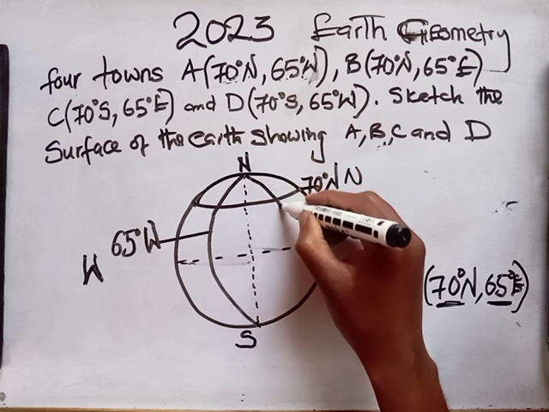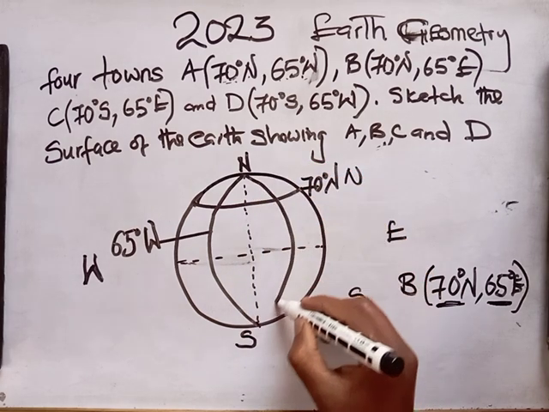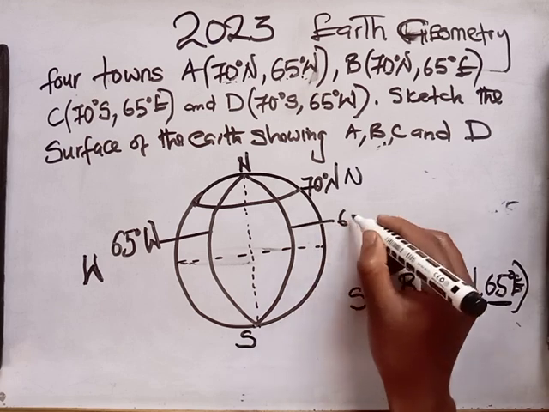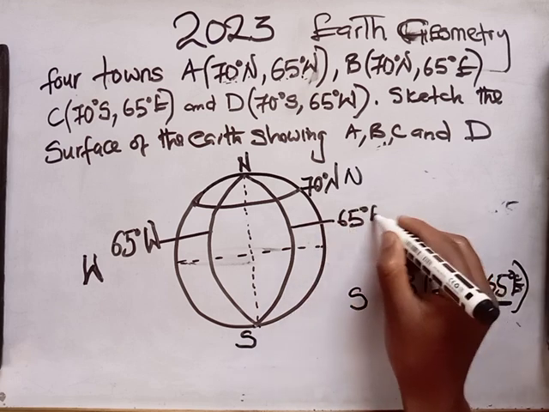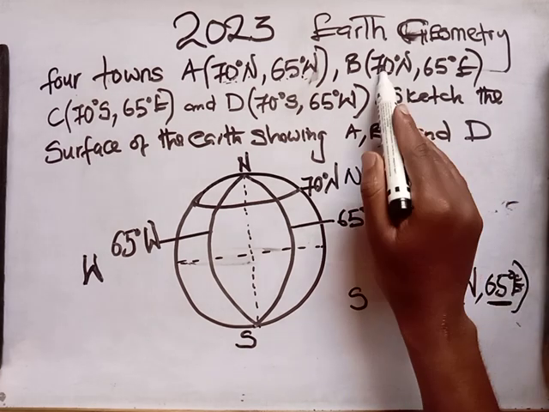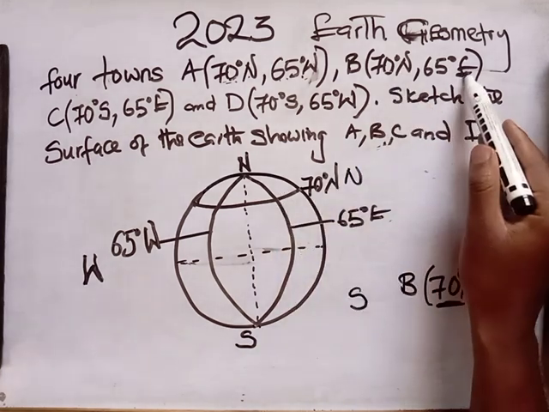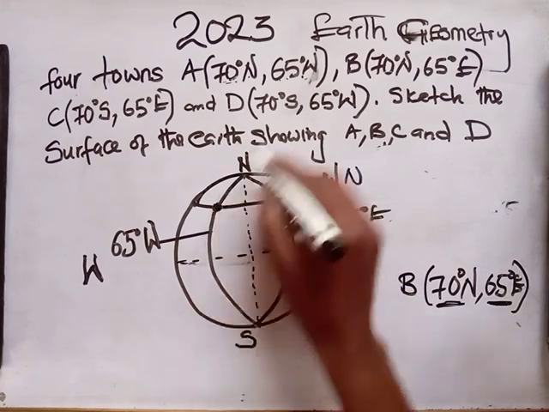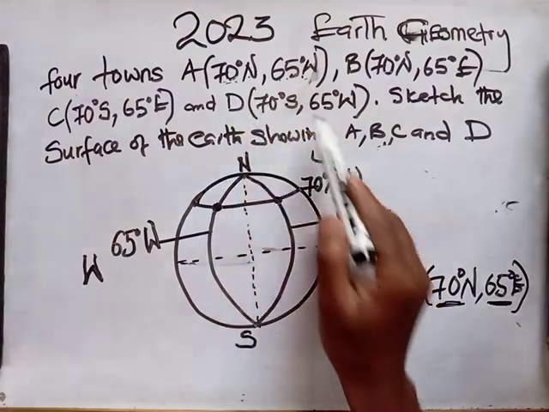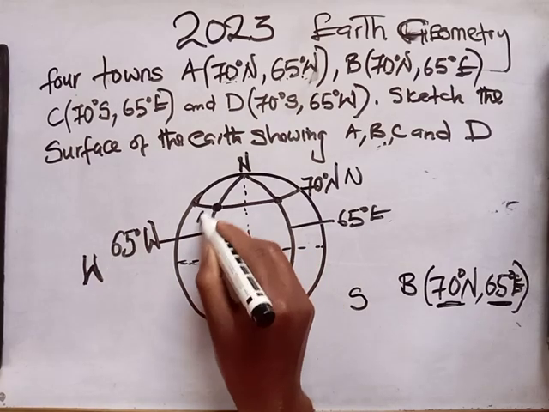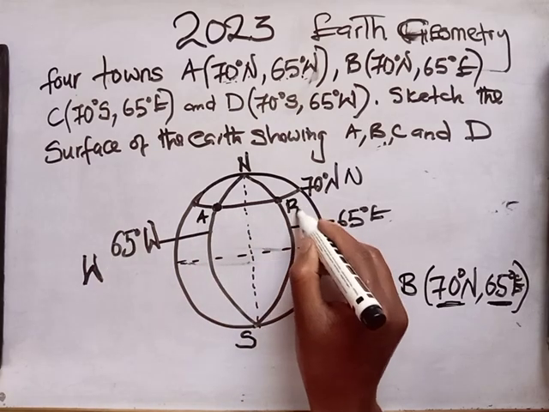So B is here and A is here. It is saying 70 degrees north and 65 degrees west, so A is here, B is here.